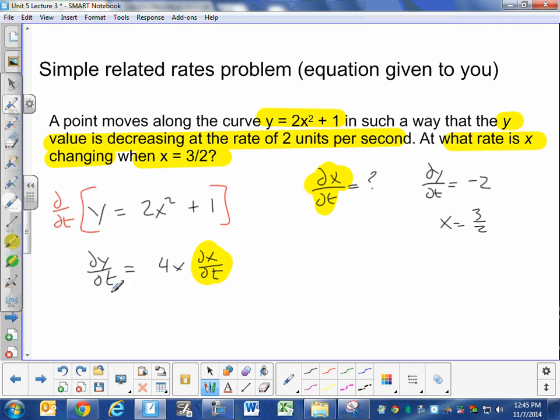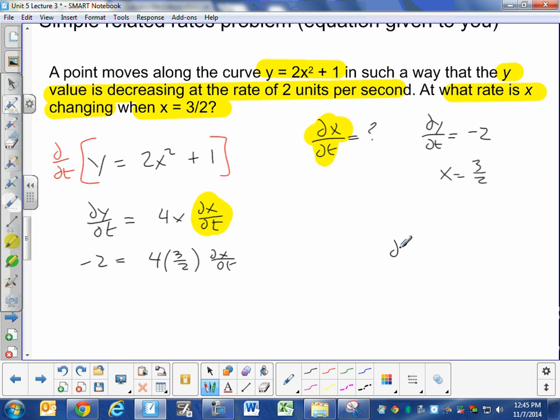Plug in 3/2 for x, plug in -2 for dy/dt, and you succeed. -1/3. All right, that was the simplest. They're going to just get harder.